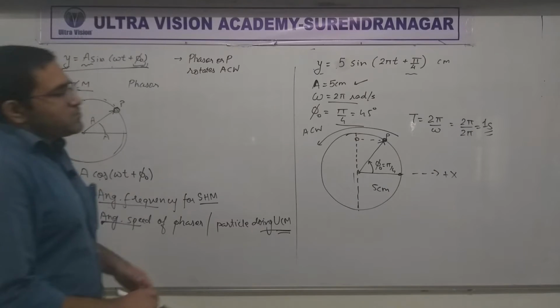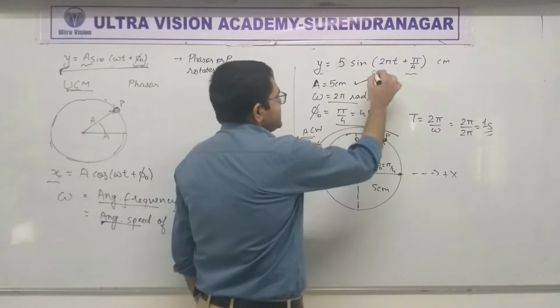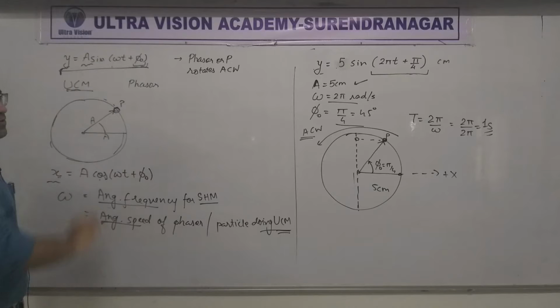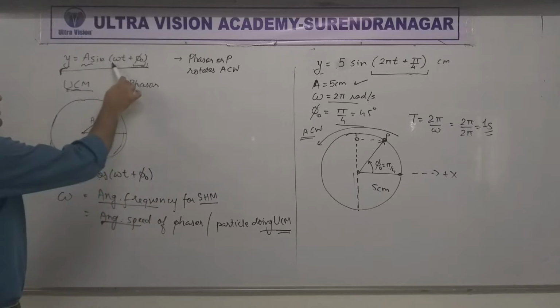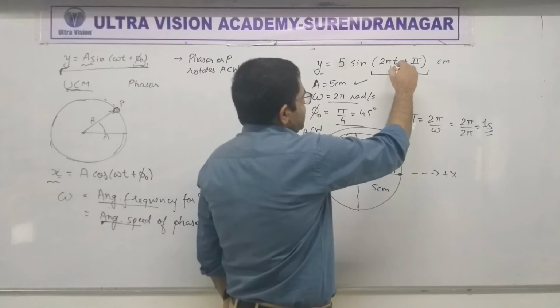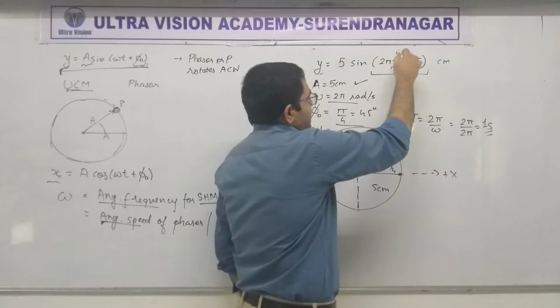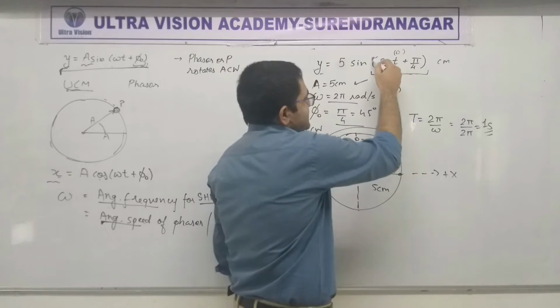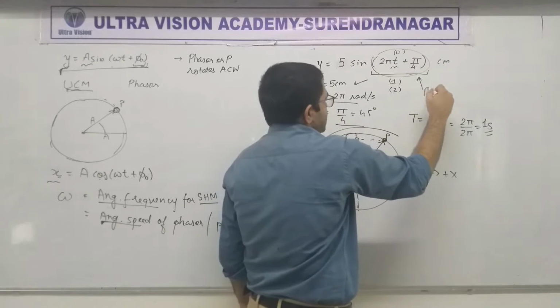Right. How do I know it will rotate anti-clockwise? This equation. As long as it is omega t plus phi 0, what will happen is that as you increase time, suppose you put t equal to 0, then t equal to 1, then t equal to 2. Do you realize this angle is called the phase angle?